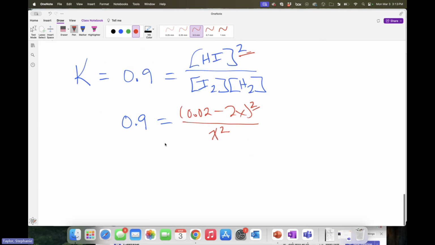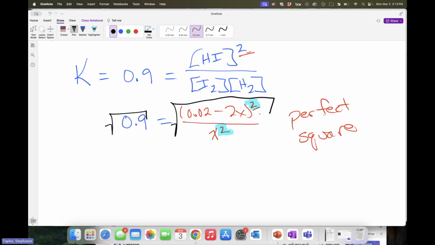From here, what I can see is that because I have this squared and that squared, I can do a technique referred to as the perfect square. What that means is I can take the square root of my 0.9 and I can square root my entire expression.